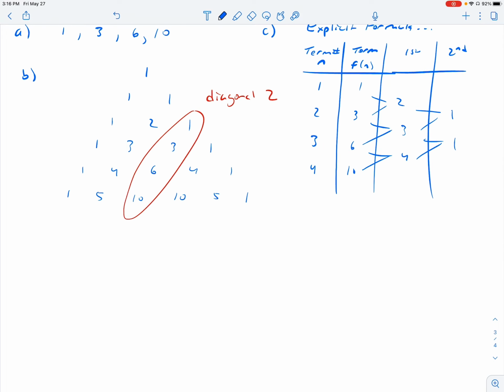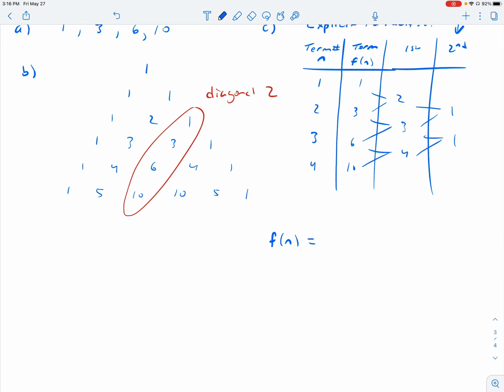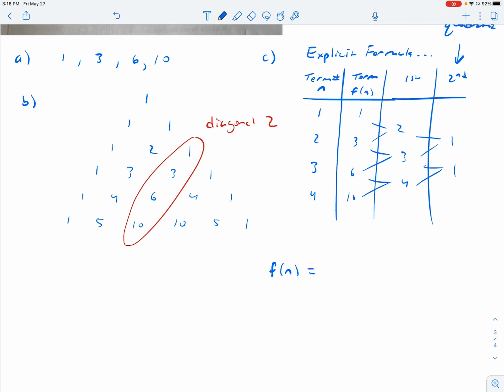So our explicit formula is going to take on this form. Because the common difference shows up in the second column, it is quadratic. So I'm going to write out an explicit formula in standard notation. The standard form of a quadratic is a n squared plus b n plus c.